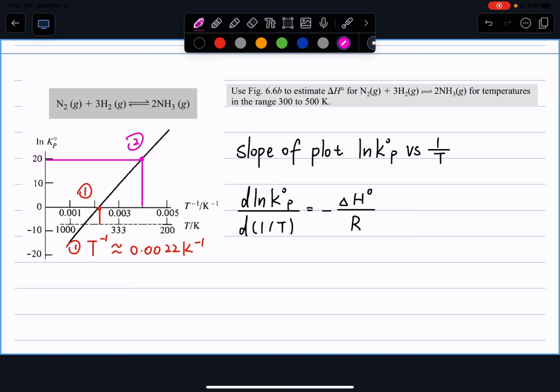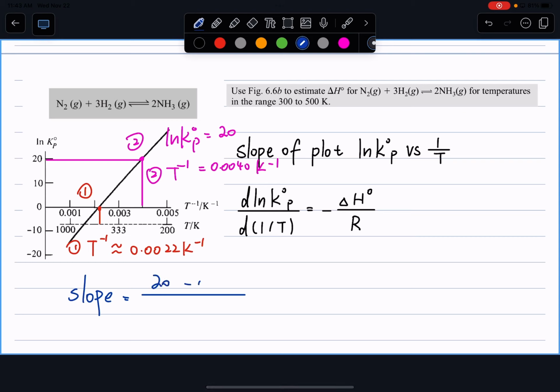So at point 2, your ln Kp equals 20, and your T minus 1 is about 0.0040 K minus 1. Then calculating the slope equals, on the y-axis, 20 minus 0, and on the x-axis 0.0040 minus 0.0022.